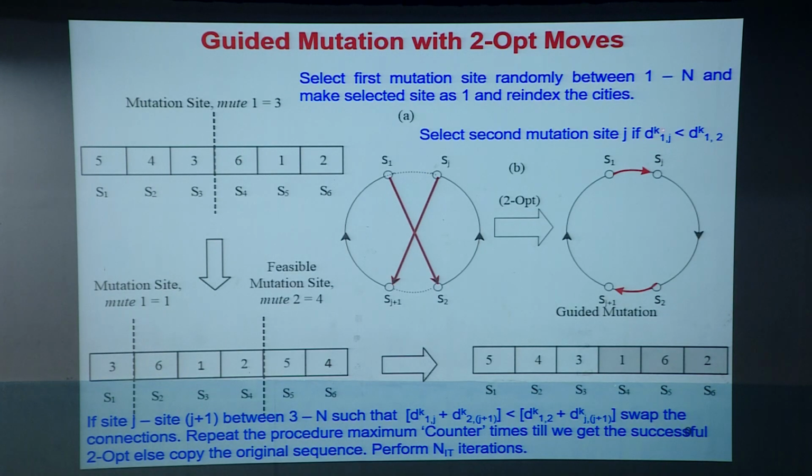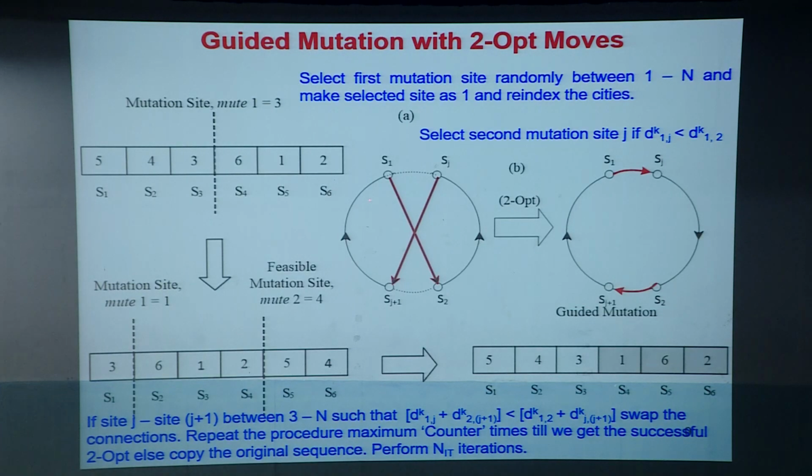D1j in the kth plane is nothing but the distance between city 1 and the jth city. So this particular distance we are comparing. If this distance is less than, let's say, D12, then we proceed to the third step, where again we compare the total distance. D1j plus D2j plus 1 should be less than D12 plus Dj j plus 1.